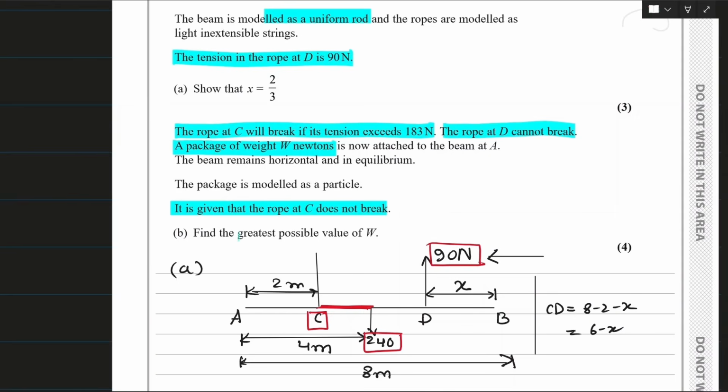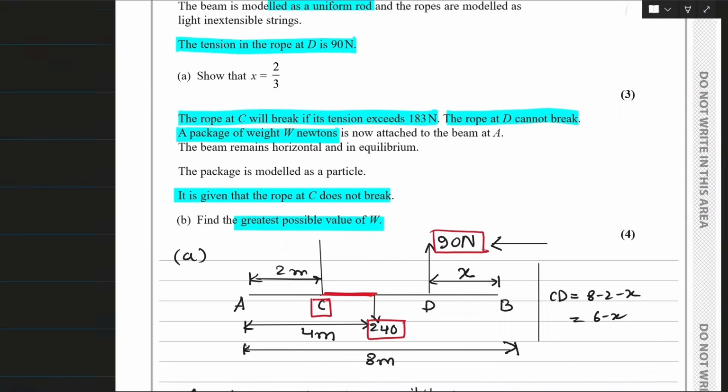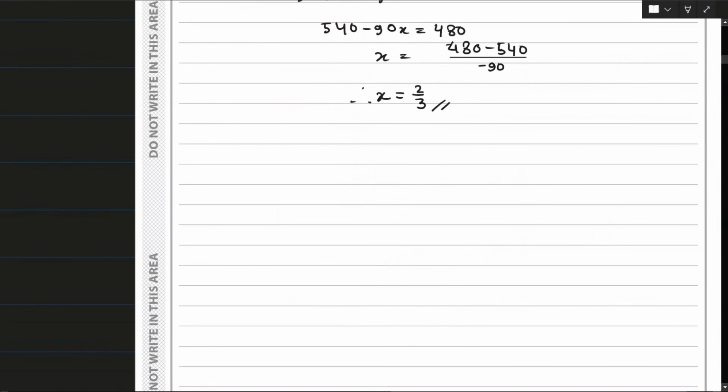Now for part B, we have to find the greatest possible value of W, the weight. So again, from the information, we understood that the tension in the point C must be equal to or less than 183 newtons. From the question, we see that it is given that rope C does not break.